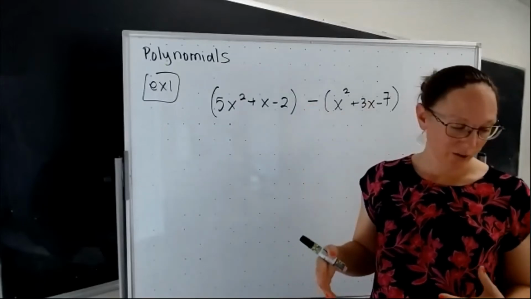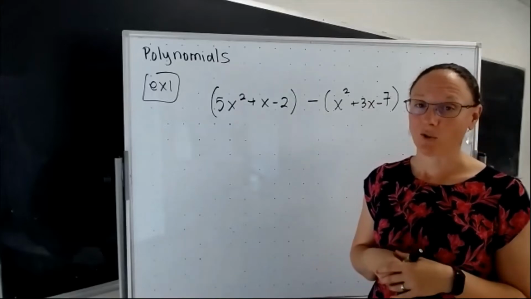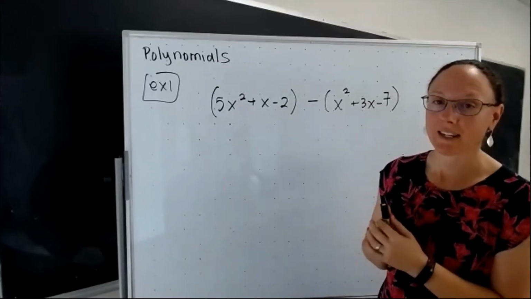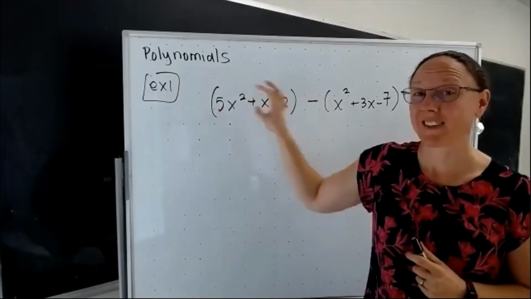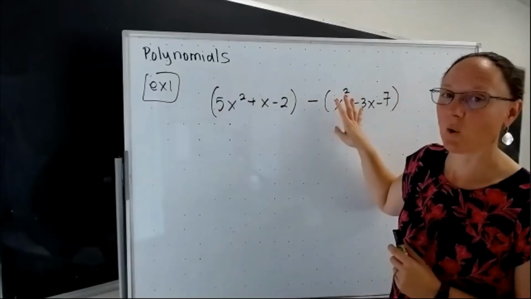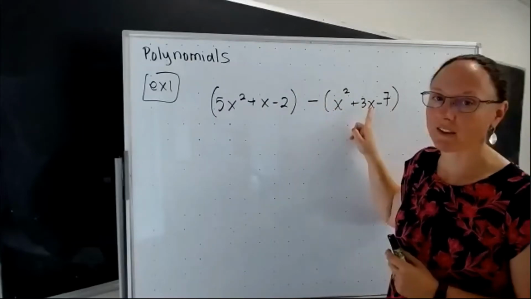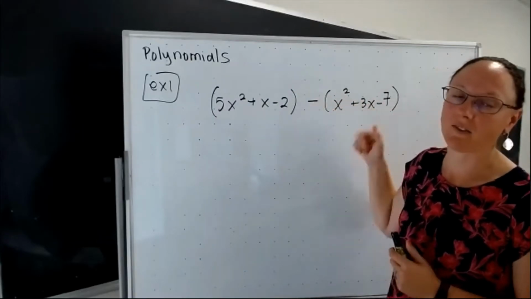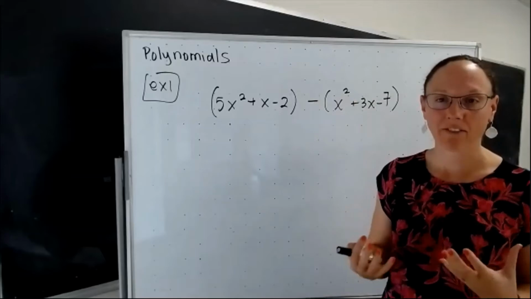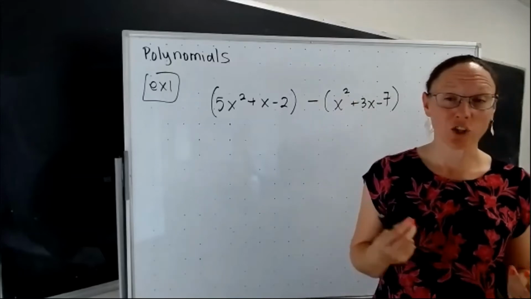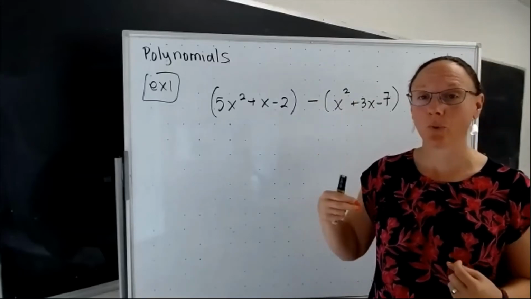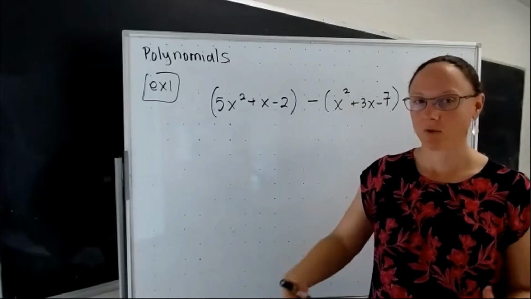If we're going to add or subtract these polynomials, in this case, we're going to subtract. What this is saying is I'm taking this whole thing and subtracting this whole thing, which means I'm subtracting the x squared and I'm subtracting the 3x and I'm subtracting the negative 7. So we have to have the parentheses there so that we make sure that we're distributing through the operator of subtraction.